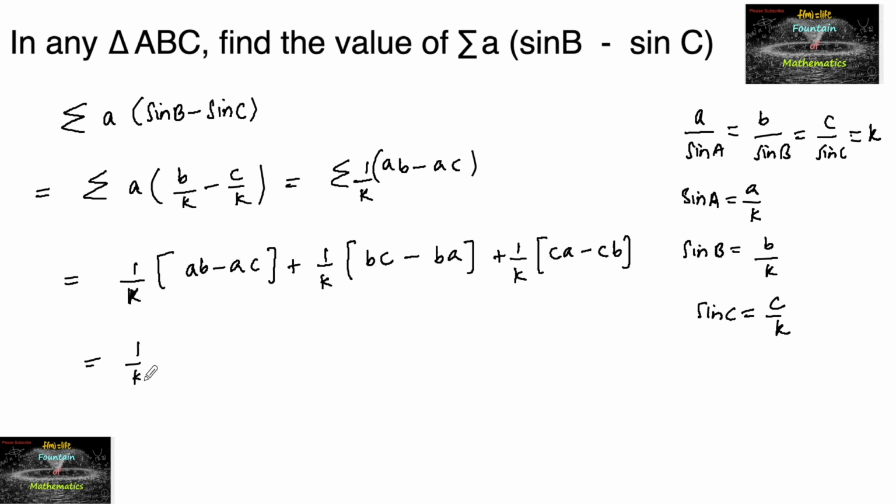So 1 upon k is the common part, and we can write ab minus ac plus bc minus ba plus ca minus cb.